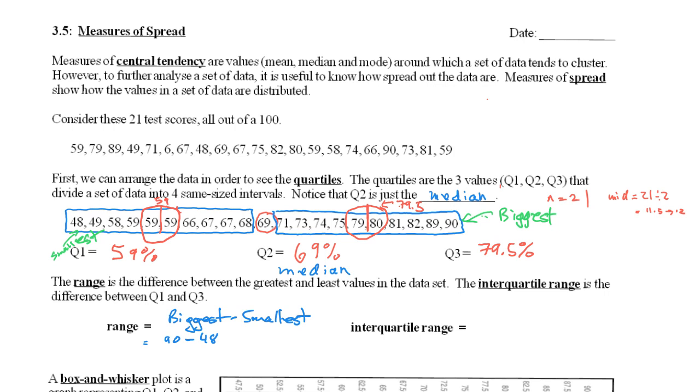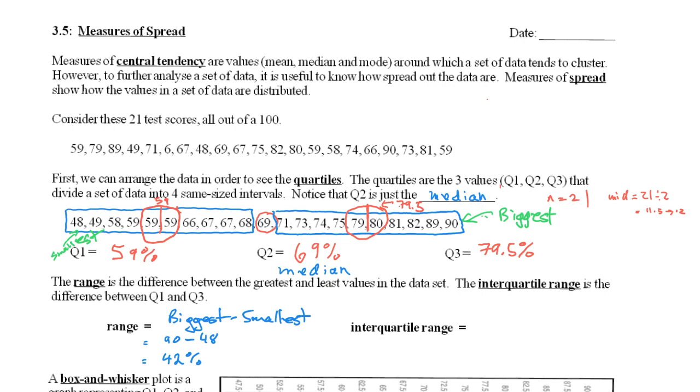And that means our range is 42%. We're actually saying that the actual distance from the smallest to the biggest number is 42%. That is what we're talking about. We're talking about the range of everything in the entire set.